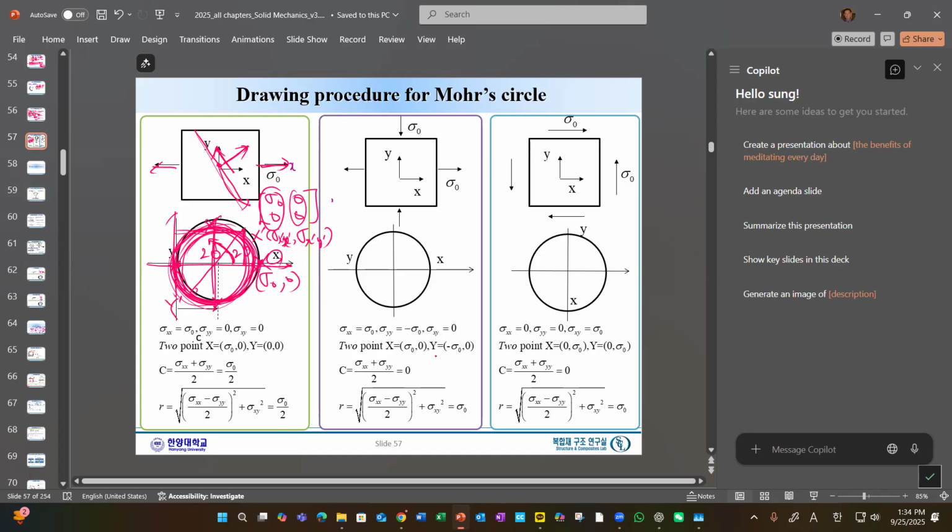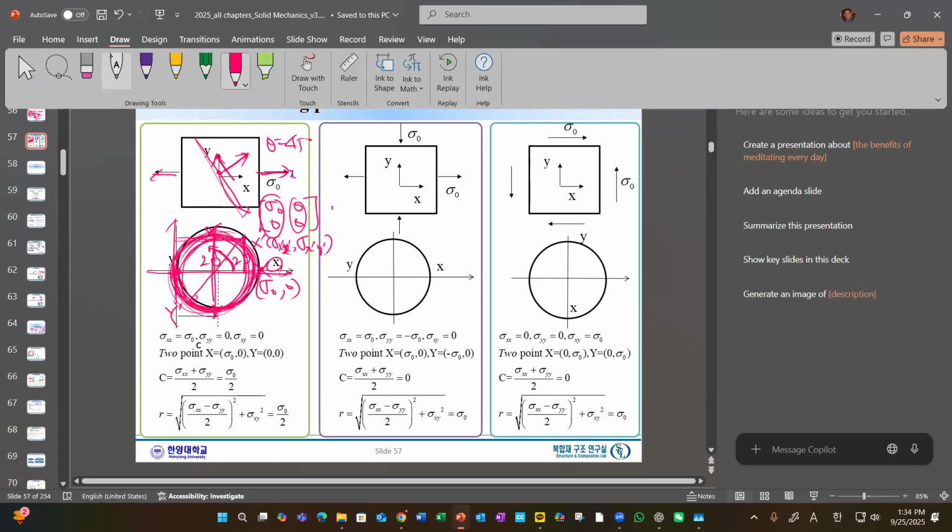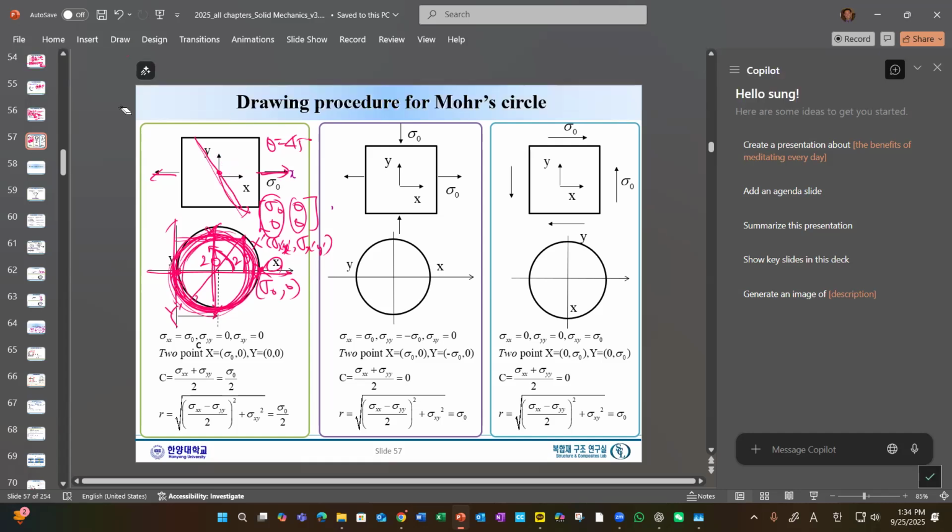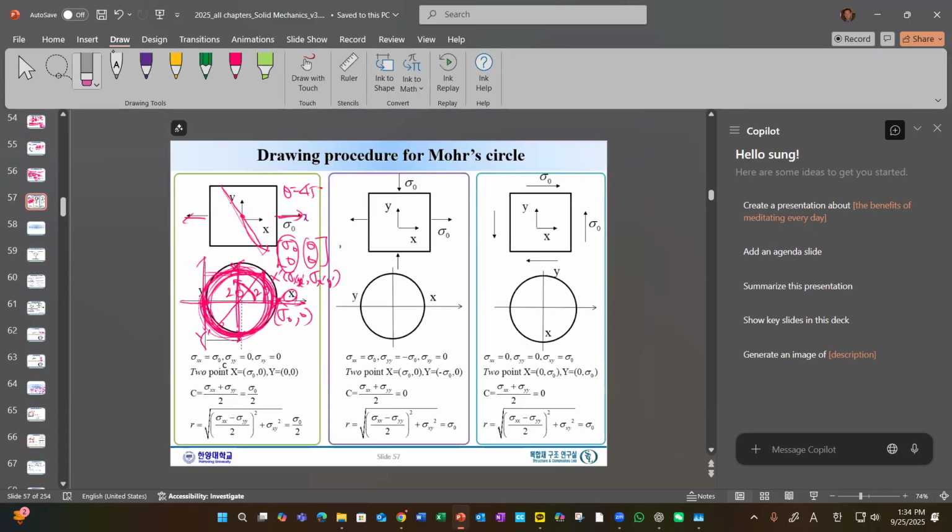So here simply this is 2 theta, and 2 theta is 90 degrees. So theta will be 45 degrees. So as you can see, certain shear stresses will occur, and this shear stress will be the maximum at an angle of 45 degrees.